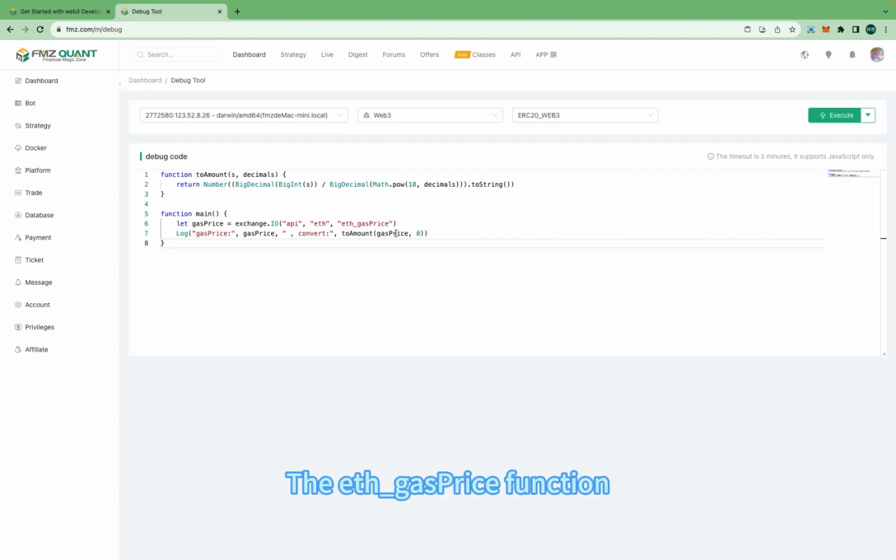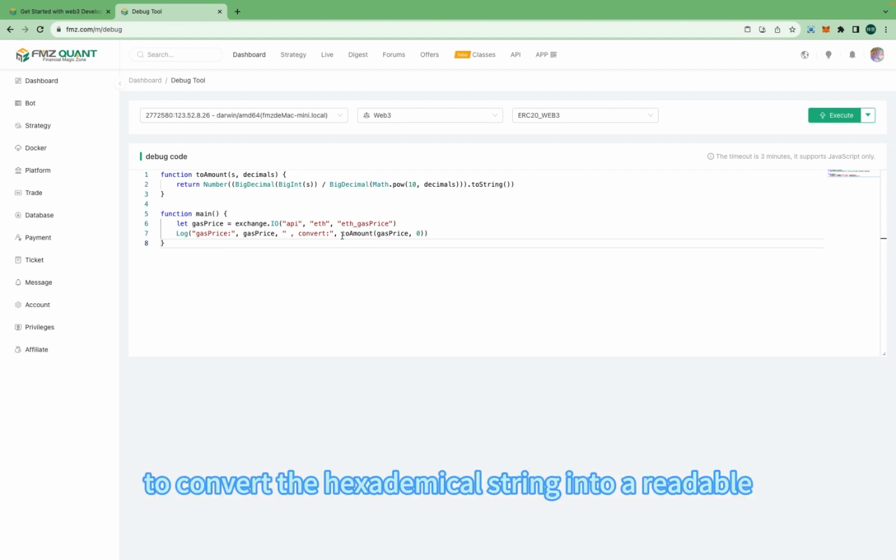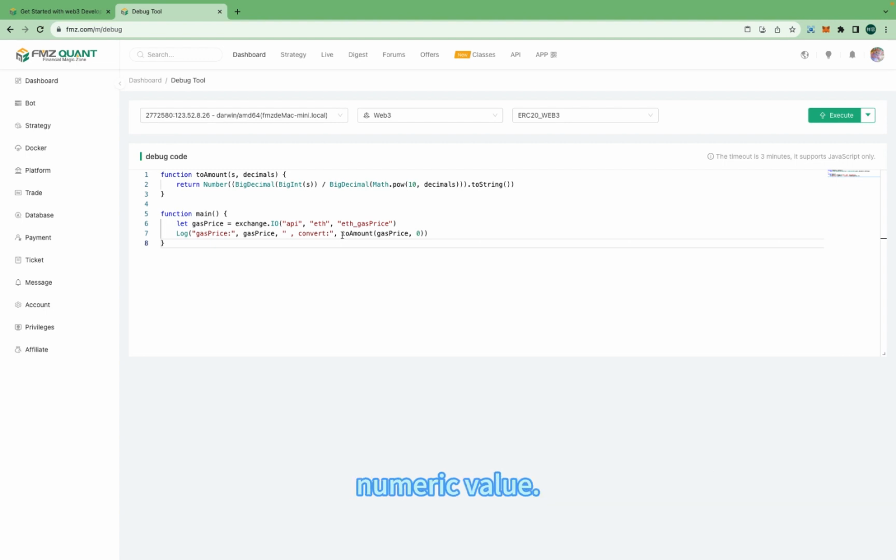The ETH gas price function returns a result in hexadecimal format. Here we can write a function called toAmount to convert the hexadecimal string into a readable numeric value. Here we click on Execute.